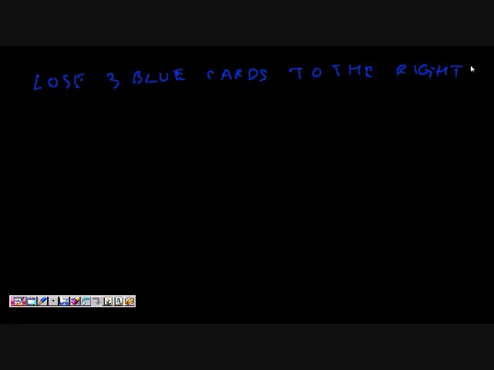That means that you're losing 3 cards, which is negative 3. But each blue card is worth $1. So that means that basically you're giving him $3. Intuitively, that means you're giving him $3. So how do you write it mathematically?